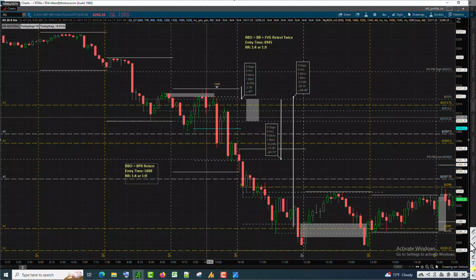So basically we have this right here, or we enter at this candle. Both have the same ratio because of the same entry level.